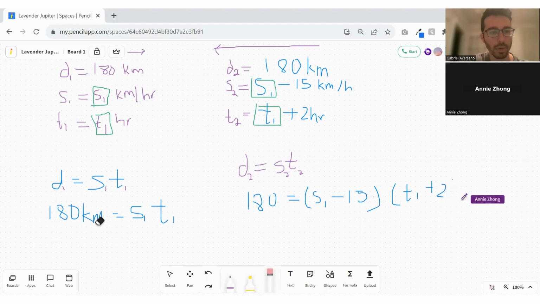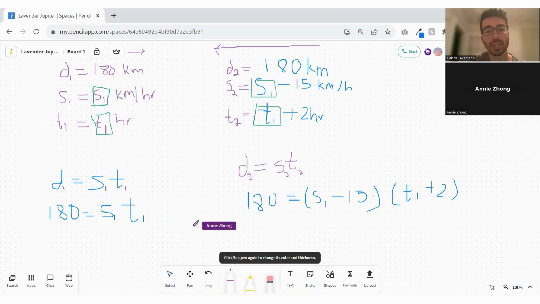Awesome. And yeah, I'm okay if we omit the units when we're working with the equations. We'll add them back at the end. Okay. Awesome. So right now we've got two equations with two unknowns. So that's good. We should be able to solve for them individually.